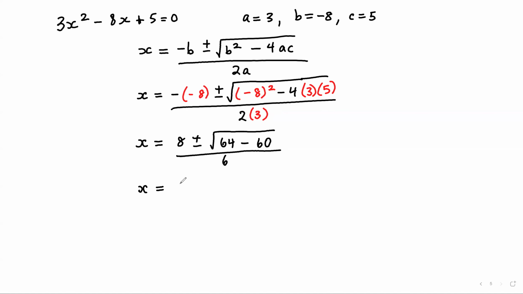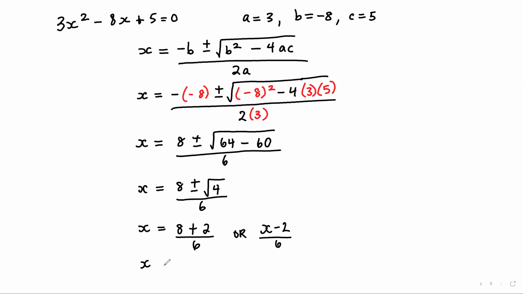So then this would be 8 plus or minus the square root of 64 take away 60, which is 4, all divided by 6. What's the square root of 4? 2. So it'll be 8 plus 2 divided by 6, or 8 minus 2 divided by 6.